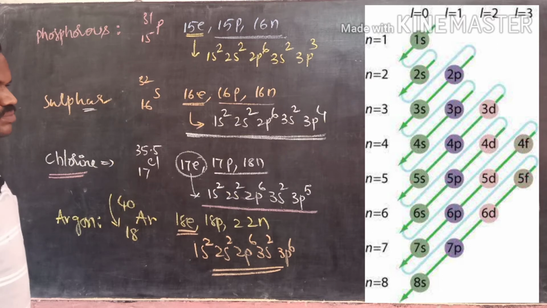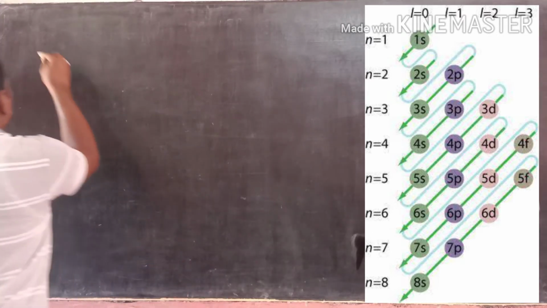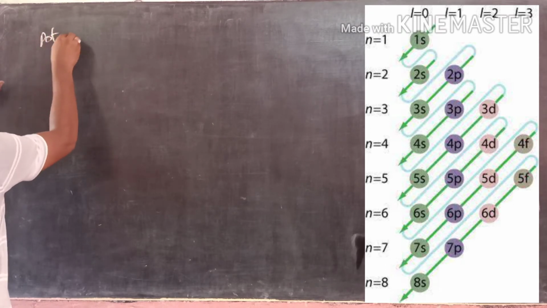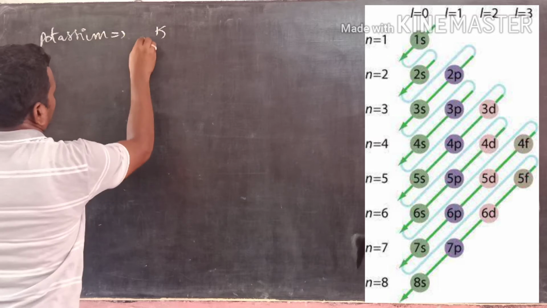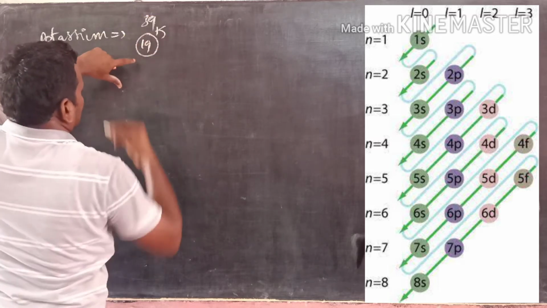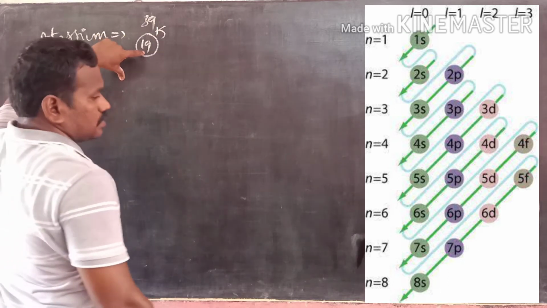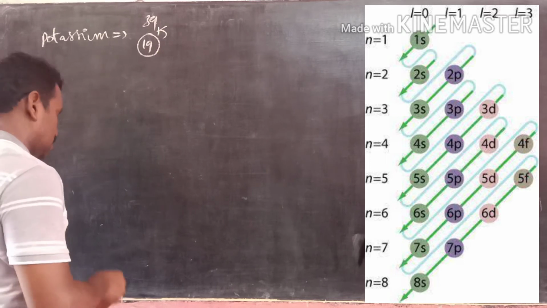Next element is potassium. Potassium's general representation is K 19 39. As per this, the atomic number is 19. This means it contains 19 electrons, 19 protons.